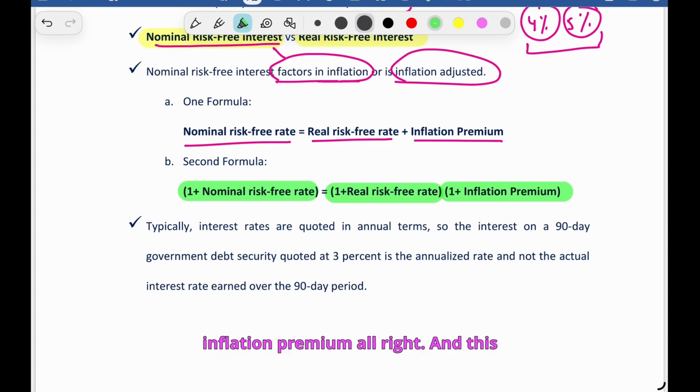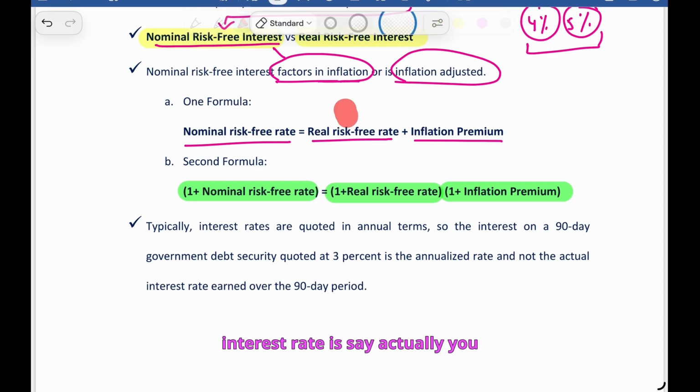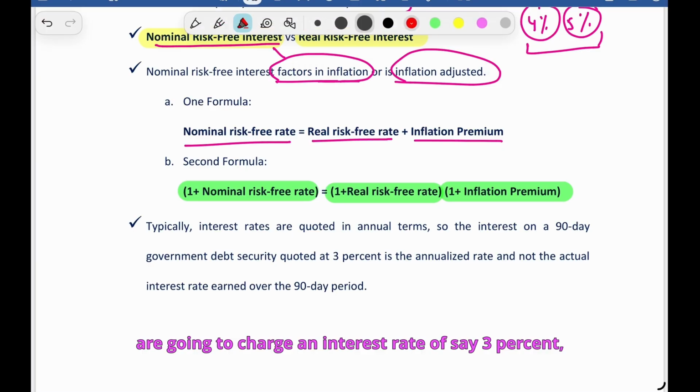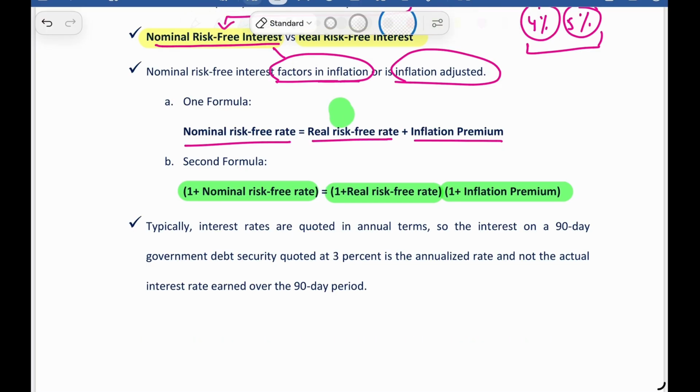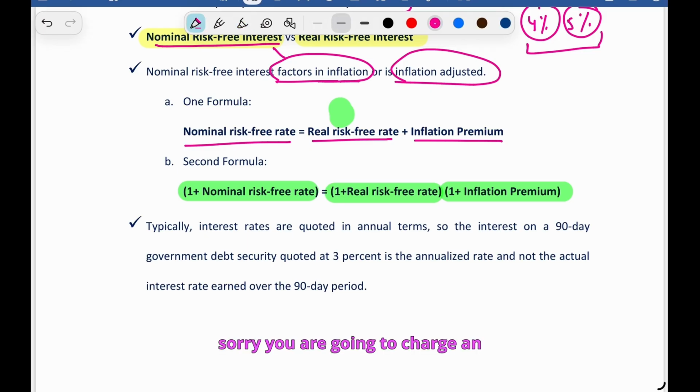Alright, let me give you an example. Suppose you are going to charge a real interest rate of, say, 3%, but the inflation is, say, 5%.